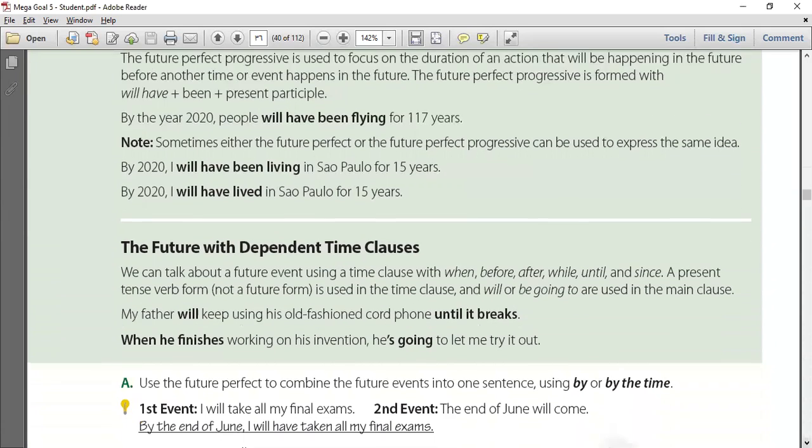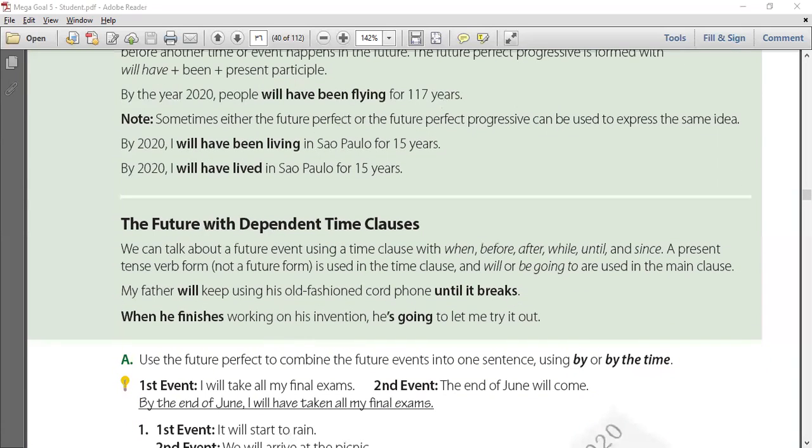And the last one here, the future with the dependent time clause, we can talk about a future event using the time clause with when, before, after, while, since. A present tense verb, not a future form, is used in the time clause, and will or be going to are used in the main clause. So for example here, my father will keep using his old-fashioned cord phone until it breaks. So I have two actions.